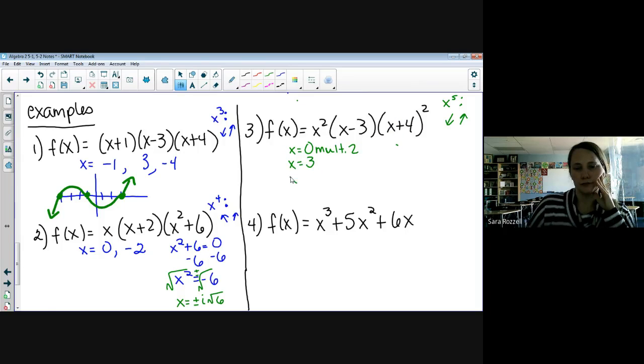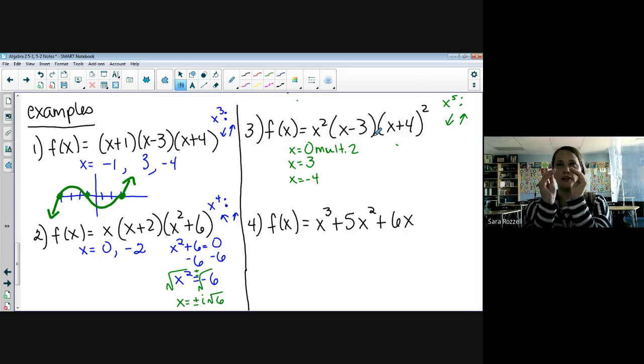Negative 4. And since the entire x plus 4 is squared, it also has multiplicity. It is a root 2 times. So if I were listing these out, I would have 0, 0, 3, negative 4, and negative 4 again, which makes 5. And that's what our degree was.